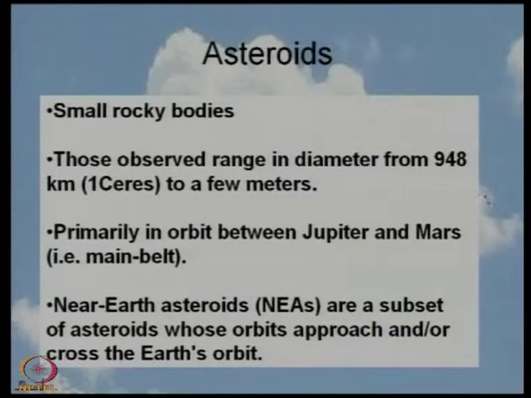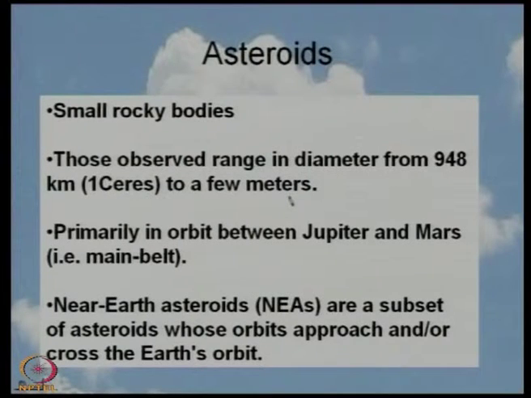The sizes of these asteroids could vary from a few meters to around 1000 kilometers, which is the size of Ceres, 948 kilometers, which we have seen is now classified as a dwarf planet. Okay. So, they could vary in size from a few meters to very large, of the order of 1000 kilometers.